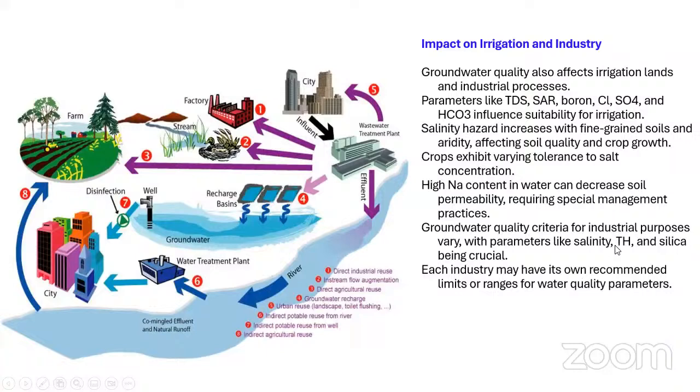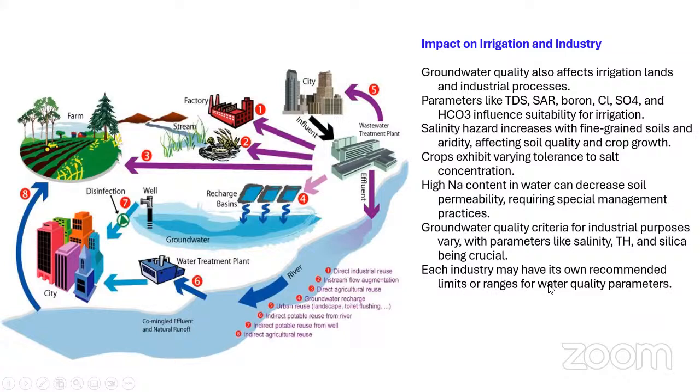When we talk about irrigation activity, sodium percentage, total hardness, silica percent, and salinity are considered, and TDS, boron, chloride, and sulfate also affect irrigation activity. I have divided what the irrigation activity measurements are and what the standards are for industrial activity affected constituents present in the groundwater.